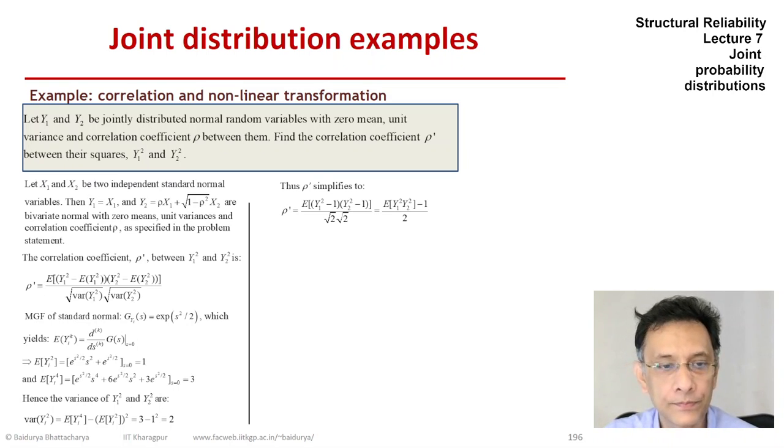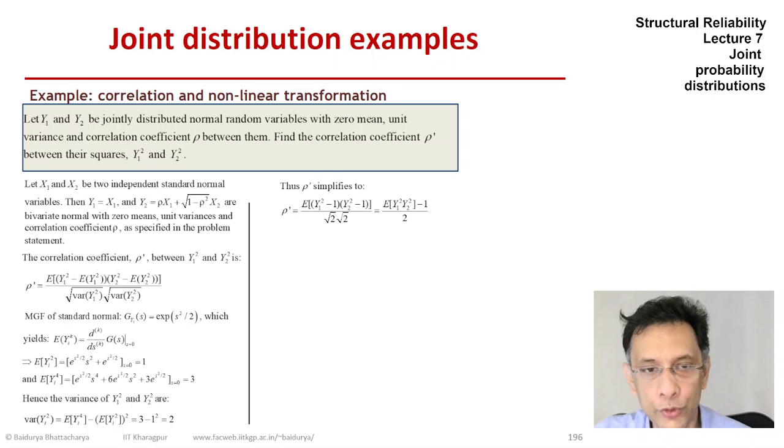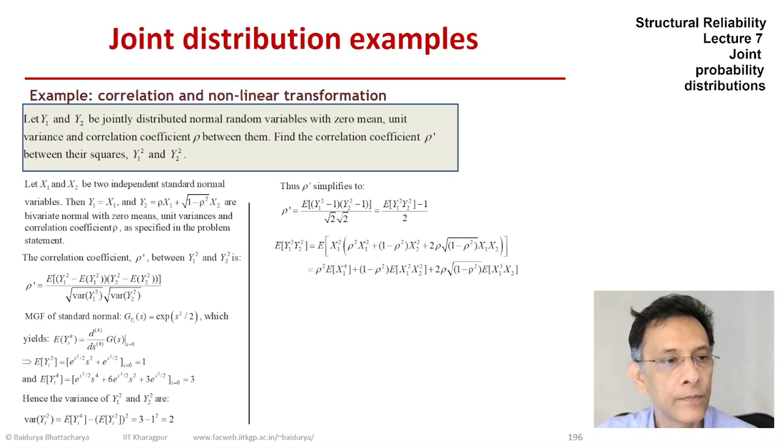And that we will now take up. And to do that, one of the straightforward steps would be to write y1 and y2 in terms of x1 and x2. So let's do that.